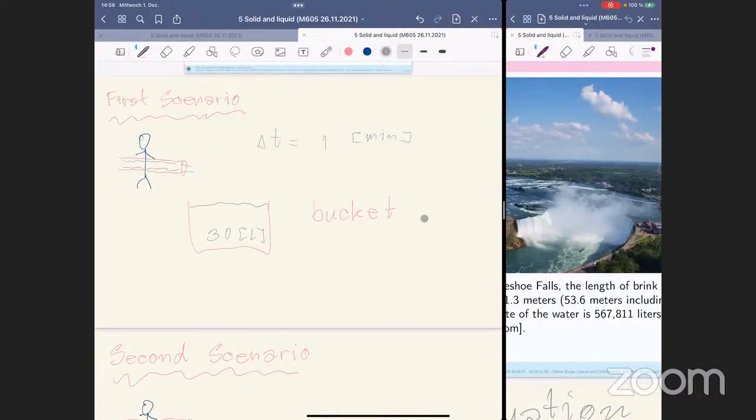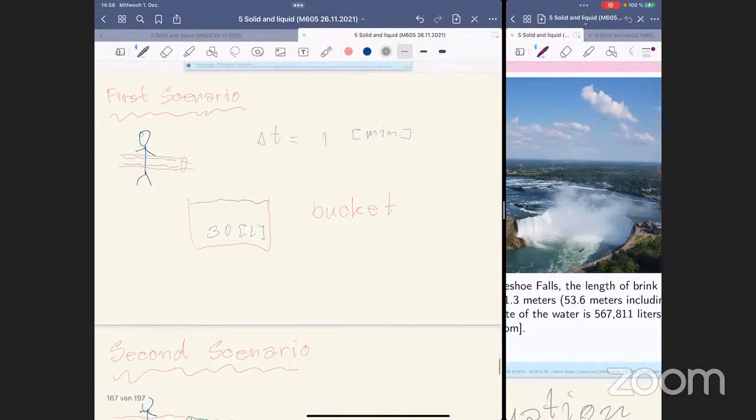Let's go ahead simply. The tool we know is only the continuity equation, which says delta V by delta T is A1 V1 equals A2 V2.